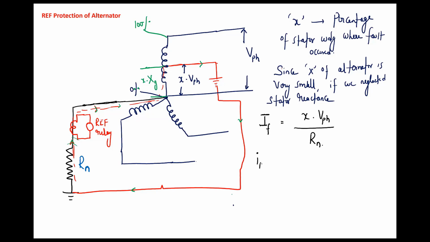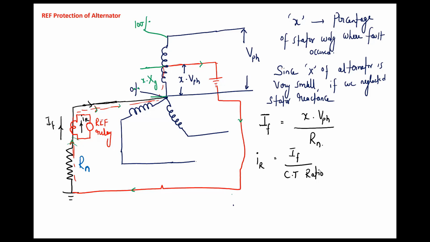Okay. Now the relay current, the current flowing through this relay. So this is the fault current that is flowing, IF. Then what is the current flowing through the relay? Let us call this one IR. Now the current flowing through the relay is given by the fault current flowing through the neutral divided by the CT ratio of the REF relay.